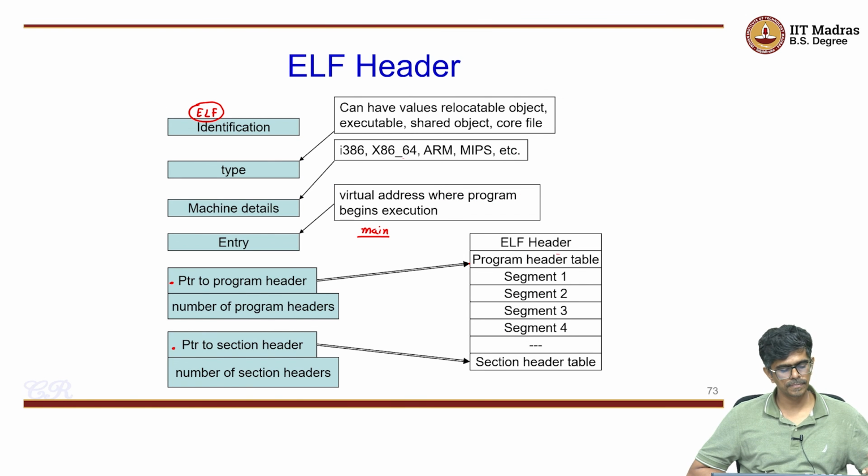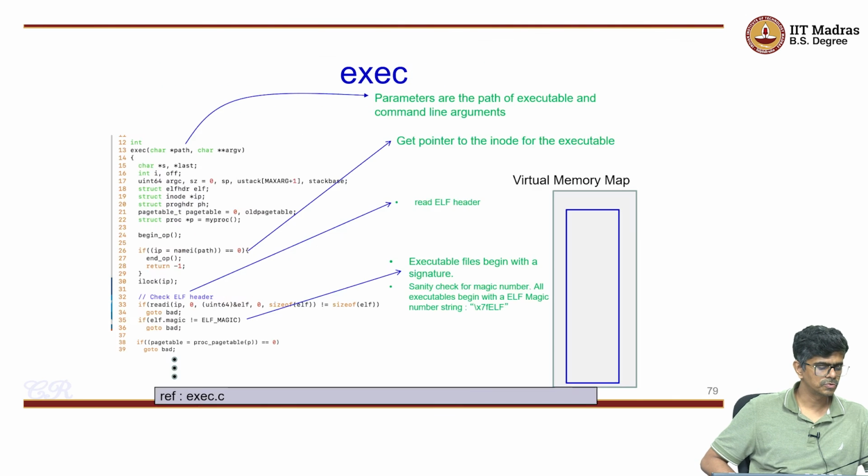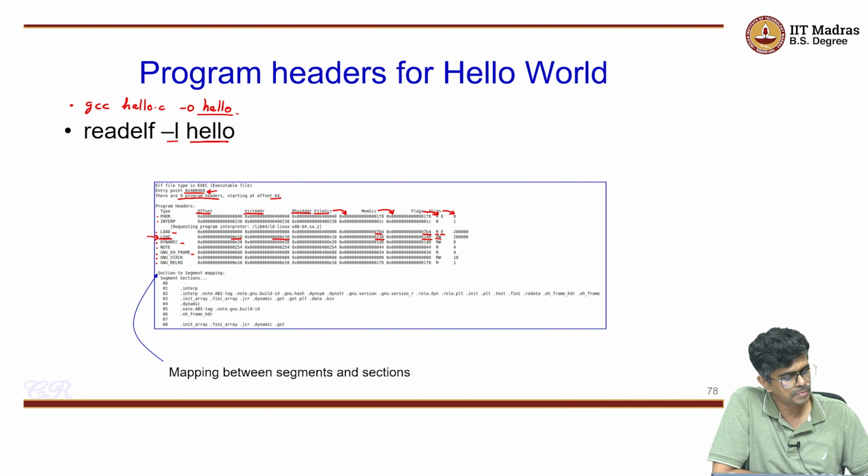Recollect that within the ELF header we have program headers, but you also have section headers, right? And it could be possible that program headers and section headers are pointing to the same thing, right? So here, for instance, is the mapping between program headers and section headers.